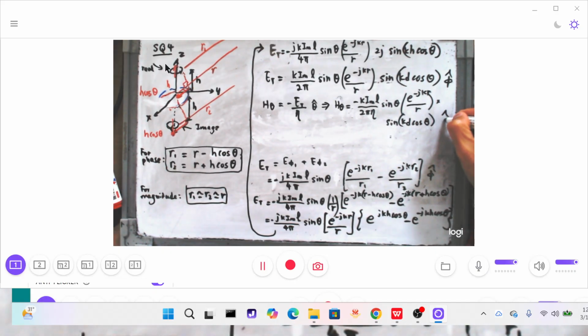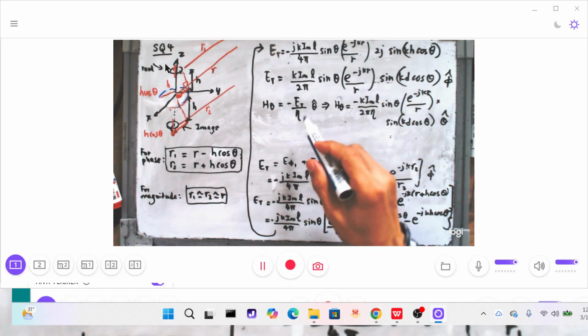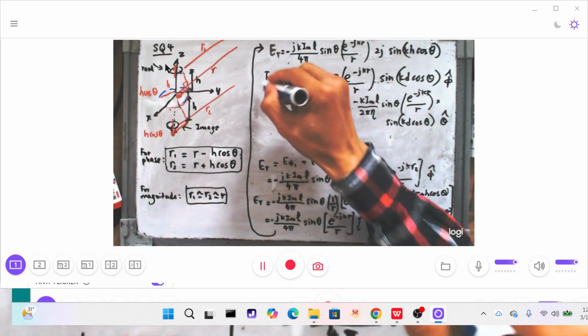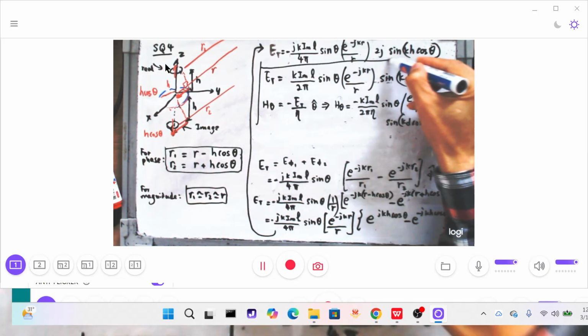Don't forget this, in terms of the magnetic field. So this is the answer for the first part.